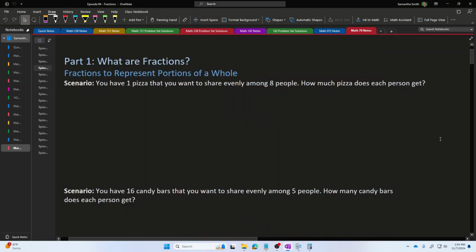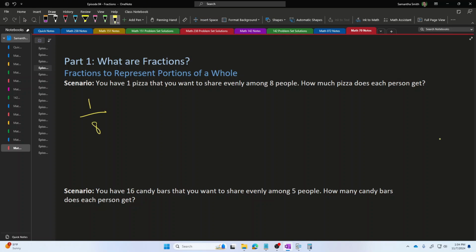So what do fractions represent? To give you a scenario where a fraction would be involved, suppose that I have just one pizza and I want to share that one pizza evenly among 8 people. So I have a single pizza, one, and I want to divide it among 8 people.